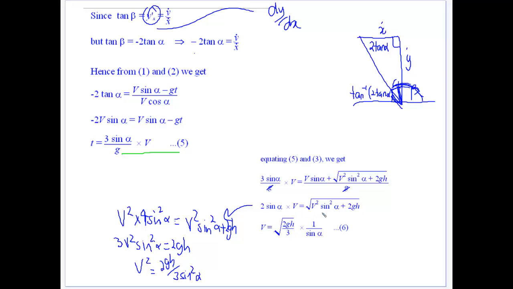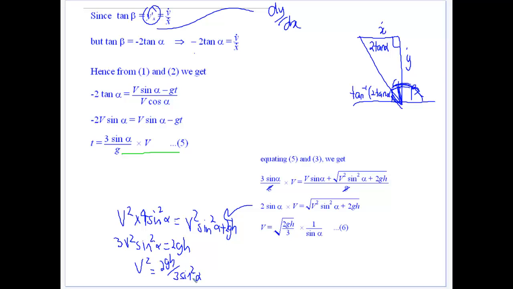Now we're trying to solve for v, so we need to get rid of the square root. So that goes, so we square both sides, and this is where we move to our equation here. So v squared 4 sine squared alpha, because that's been squared there. And we've got this side, which is the v squared sine squared alpha plus 2gh, and we're solving for v, so we take our v squareds across, gives us 3v squared sine squared alpha equals 2gh.